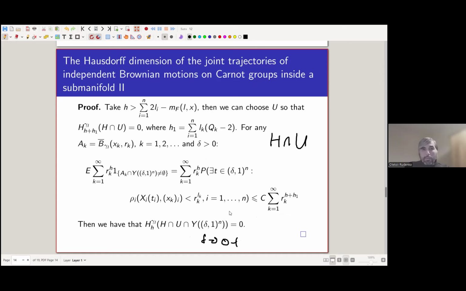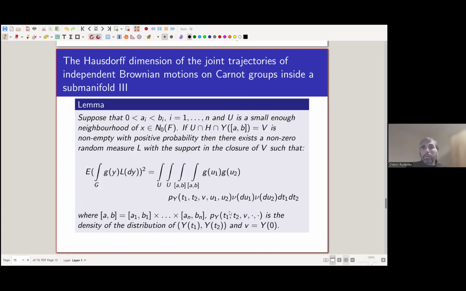Okay. But this is just one side, one direction. In the other direction, I want to estimate from below, and here I need to study local times. Unfortunately, maybe fortunately, I do not know. Here I need to define local time, and this is a lemma. But this is actually also proved in my paper, 2019. Well, it's just a partial case of what was proved in 2019, that such L exists.